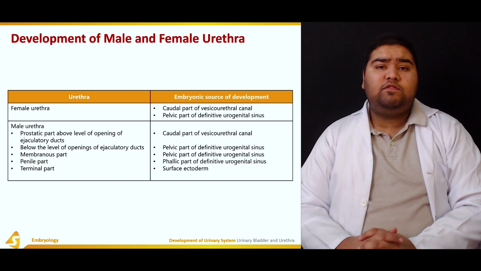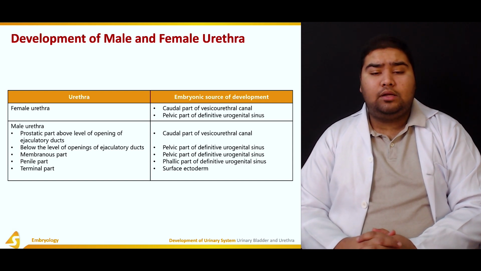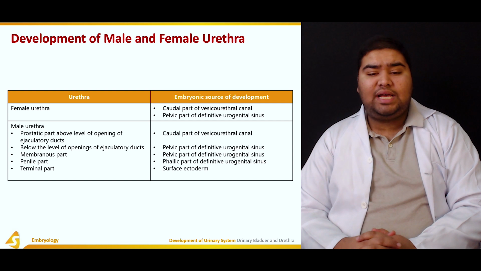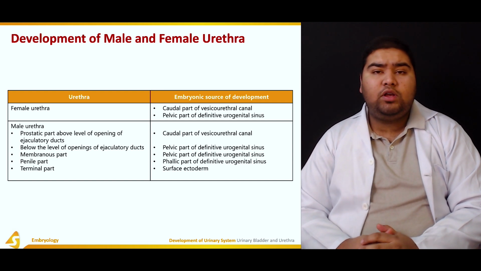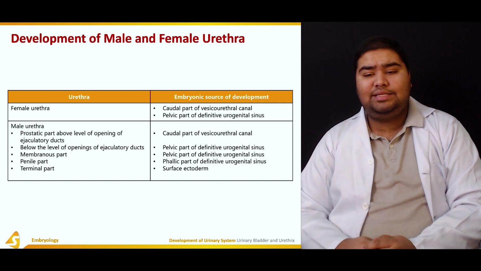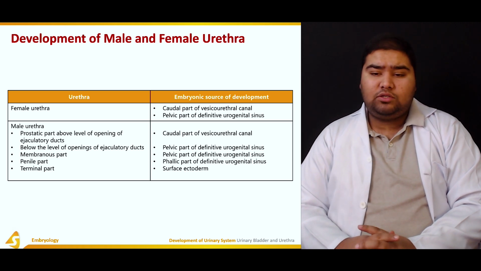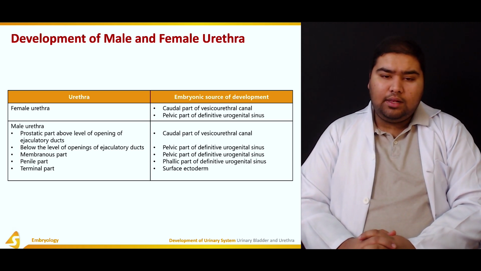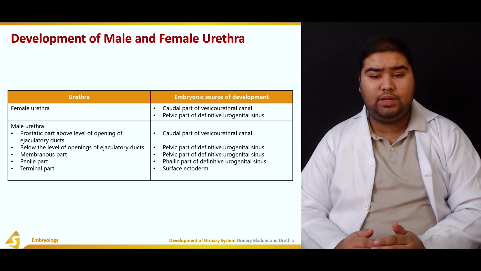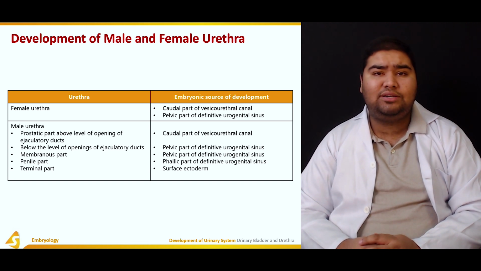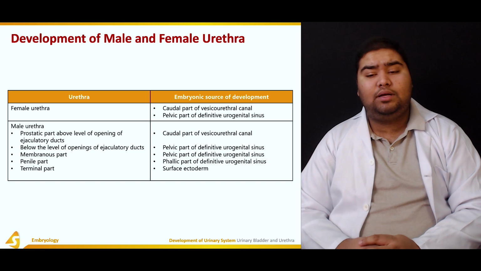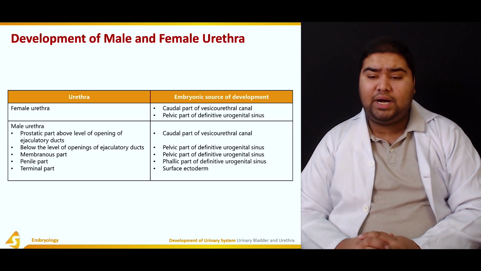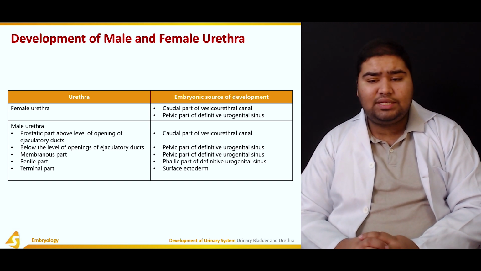However, the development of the male urethra is slightly complicated. The prostatic part, which lies above the opening of the ejaculatory ducts, has developed from the caudal part of the vesico-urethral canal. Then below the level of the openings of the ejaculatory ducts, it originates from the pelvic part of the definitive urogenital sinus.